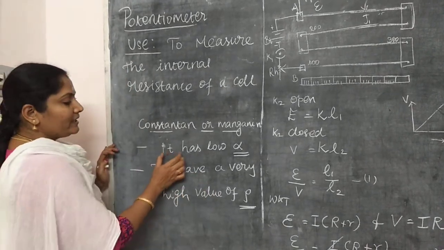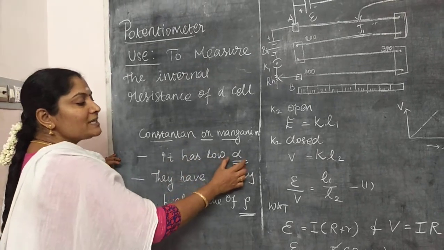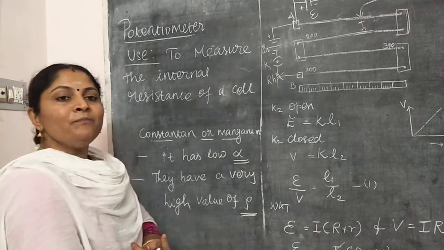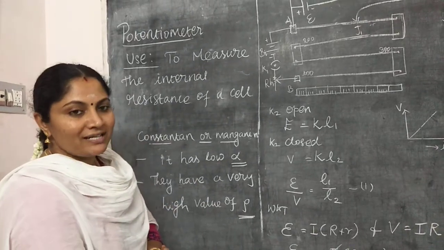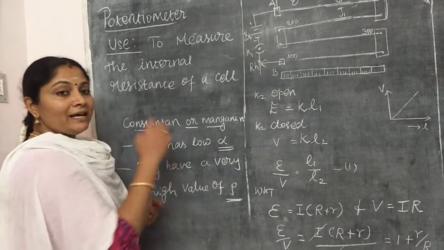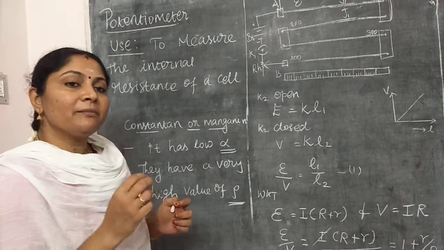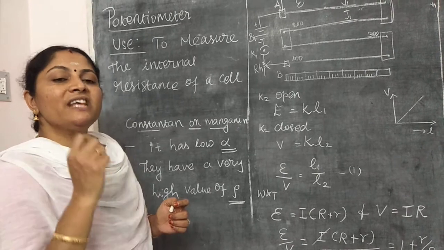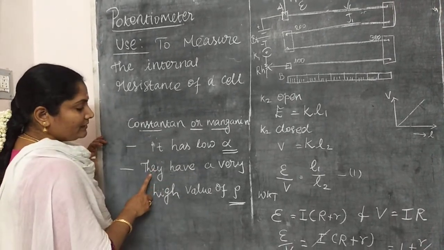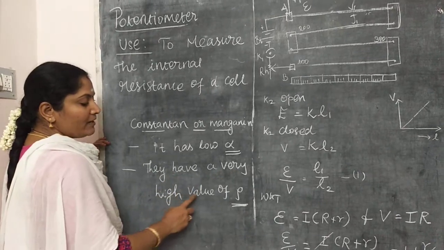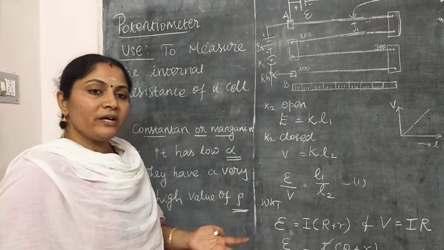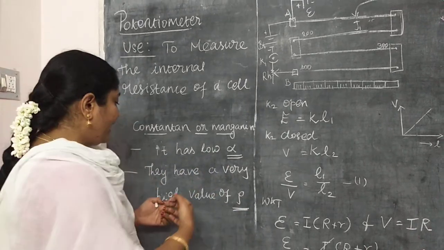It has a very low temperature coefficient of resistance. Here alpha is nothing but the temperature coefficient of resistance. When that value is very low, the resistance of the wire is independent of the temperature. The next one, they have a very high value of resistivity. The resistivity of those two wires is very high.